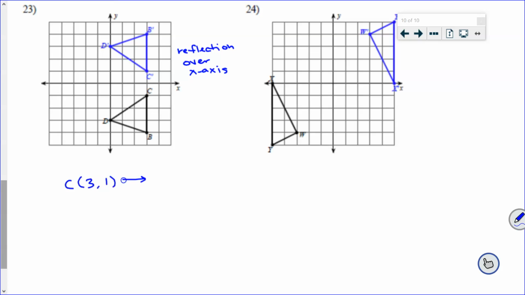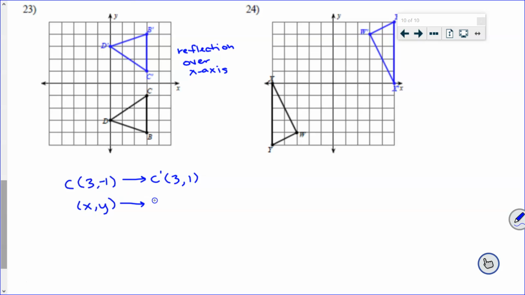What did C go to? What are the coordinates of C prime? Oh, my mistake, I'm sorry. C is 3, negative 1. And what are the coordinates of C prime? 3, 1. How did those coordinates change? Y flipped? What do you mean Y flipped? It went to its opposite. Did the X change?